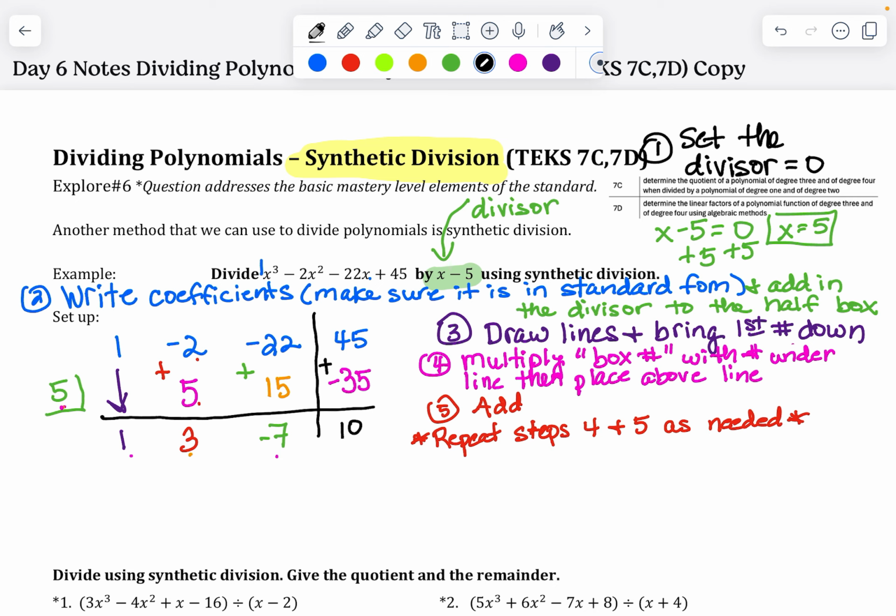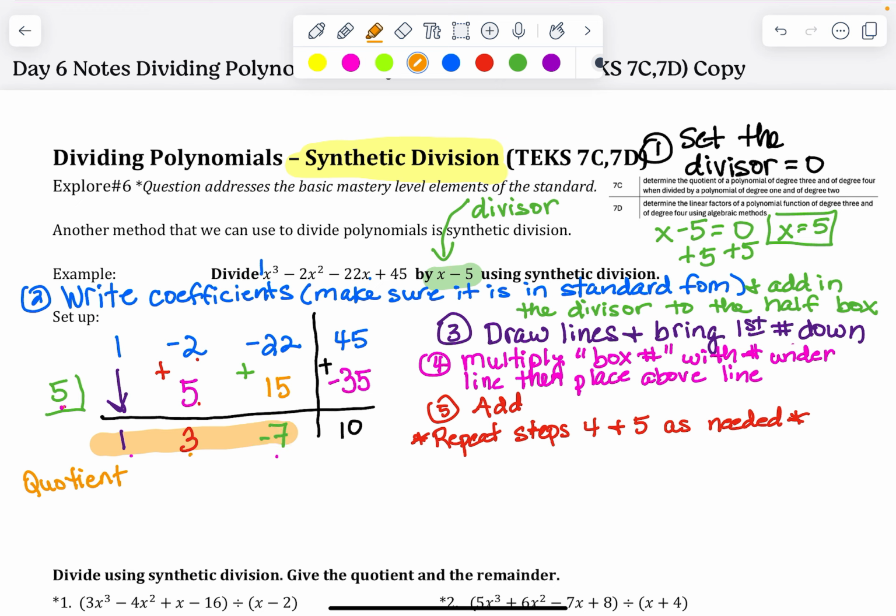Okay, there are certain things that they want you to be familiar with. The quotient is what we found right here.